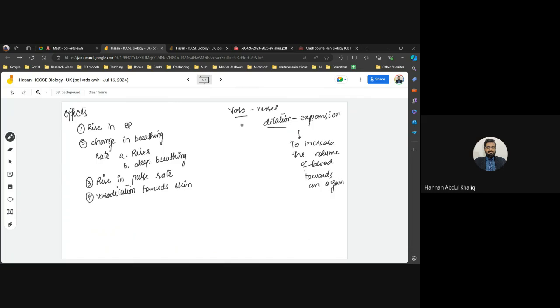Then comes another terminology, vasoconstriction. Vasoconstriction means narrowing. Why do you think we need it? To reduce the blood volume towards an organ. Sometimes we don't need an organ. Do you need your stomach while you are running?